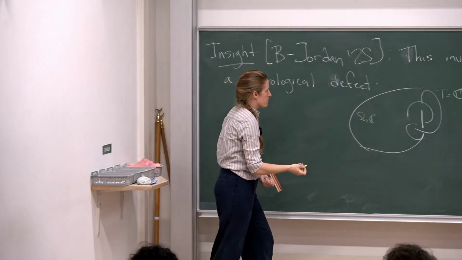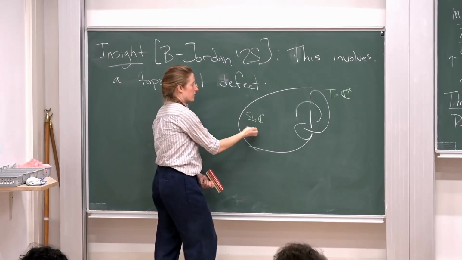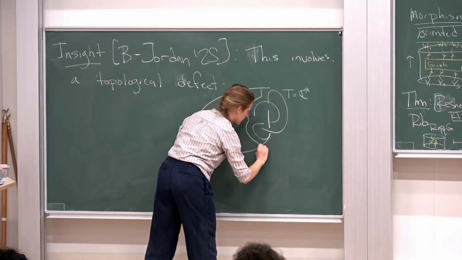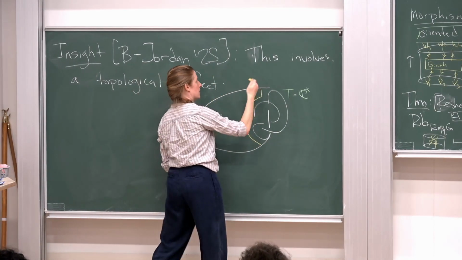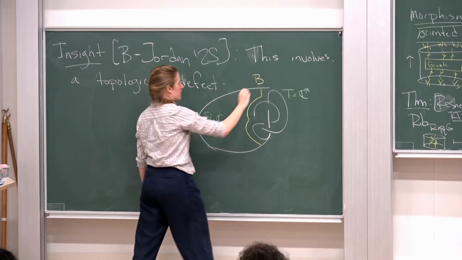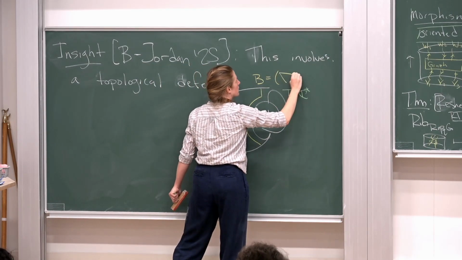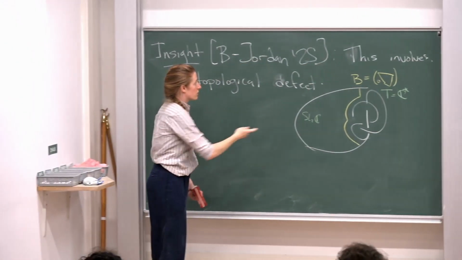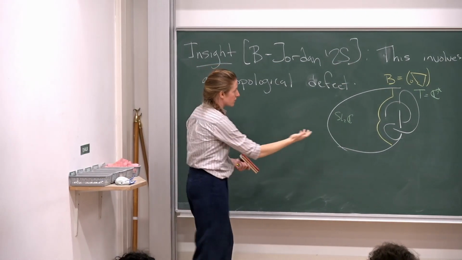And the big idea is that this is an interface, in particular, a topological interface as you'd expect in a topological field theory, and it's associated to this Borel subgroup like this. So that's the one interface, and that's what that does.